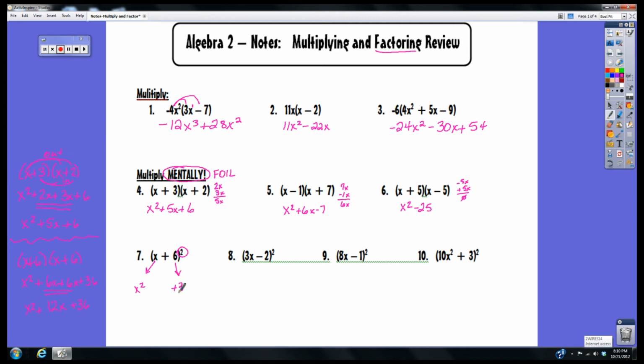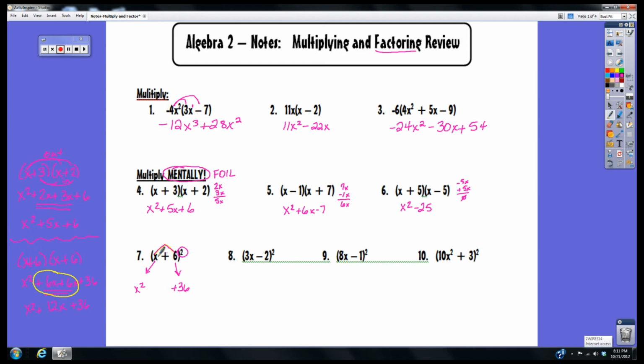This is going to be positive 36. Okay, we squared the first one, we squared the last one. But a lot of y'all always tend to forget that you have something here in the middle. Notice that we had 6x twice. Okay, we had two 6x's. Well, okay, you can't see that yet. Let me try again.